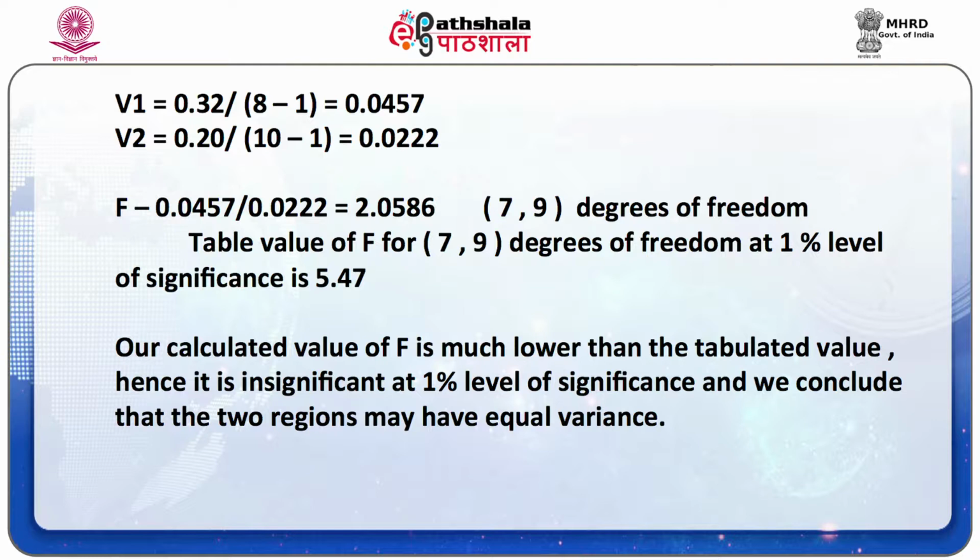The corresponding tabulated value for 7 and 9 degrees of freedom at 1% level of significance is 5.47. So our calculated value of F is much lower than the tabulated value, hence it is insignificant at 1% level of significance, and we conclude that the two regions may have equal variance.